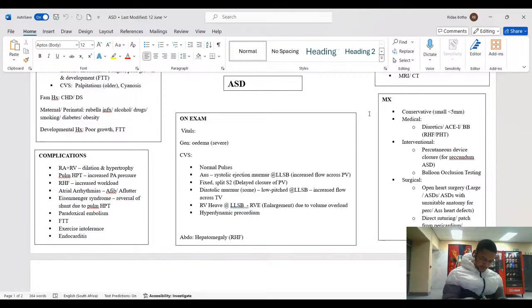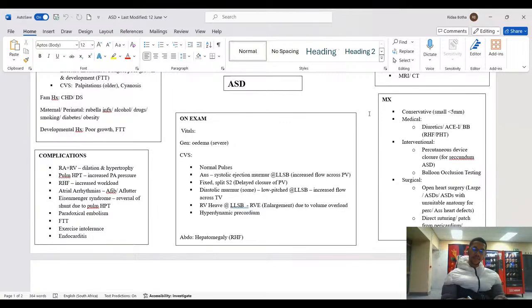You can also get a right ventricular heave because of right ventricular enlargement. Okay, so a right ventricular heave at the lower left sternal border because of RV enlargement due to the volume overload. So because of that volume overload, you get that heave of the right ventricle, and then patients can also get a hyperdynamic precordium.